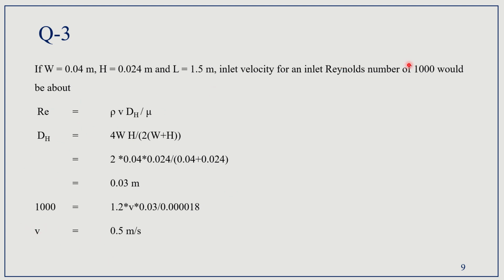Reynolds number at the inlet is given and the fluid is air. On the basis of that we did our calculation, and found the inlet velocity value as 0.5 meter per second. I hope it is clear. We'll go to the next question now.